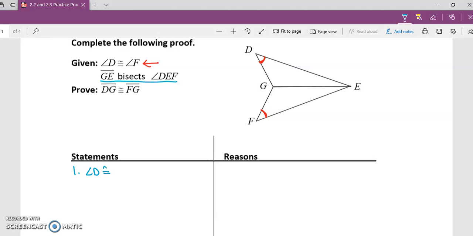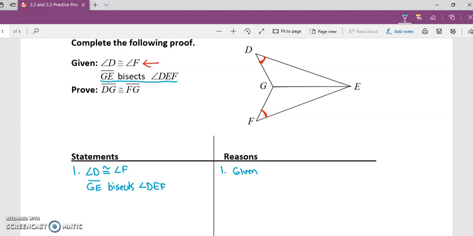Angle D is congruent to angle F. Line segment GE bisects. I see that word bisects, and I am thinking that I'm going to find two equal pieces somewhere. Two pieces that are the same size. Whoops, that should be a 1. Okay, statement 1 needs reason 1.